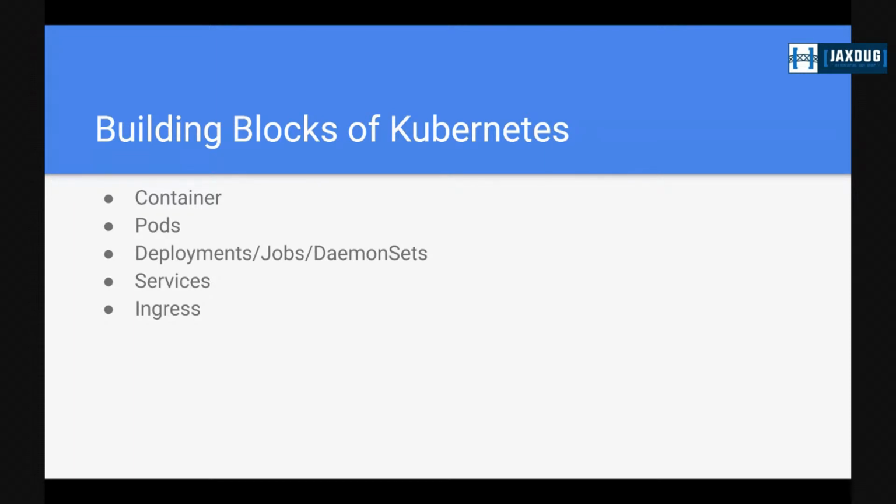Services are for service discovery, so exposing your pods to other pods, and then ingresses are for exposing your services to the outside world. There are much more in-depth items like volumes and persistent volumes and whatnot. Not going to go into detail on that because we'd be here all night. But there's much more to Kubernetes than just this. But these are the basic building blocks that you can build your application from.